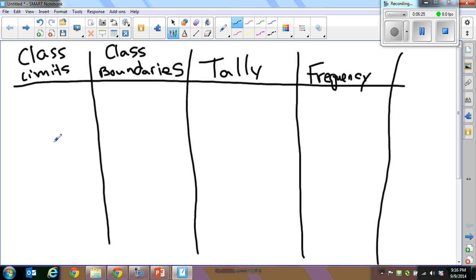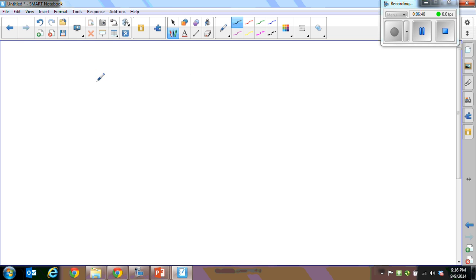In order to figure out your class limits, what you want to do is figure out how wide each class should be. To do that, you want to find your highest value and your lowest value. If you look at the numbers on page 41, your highest value is 134.